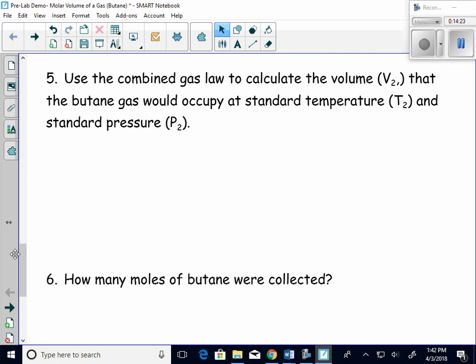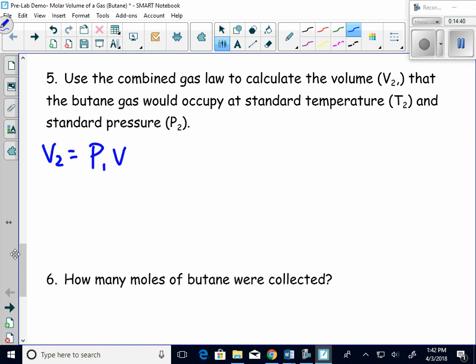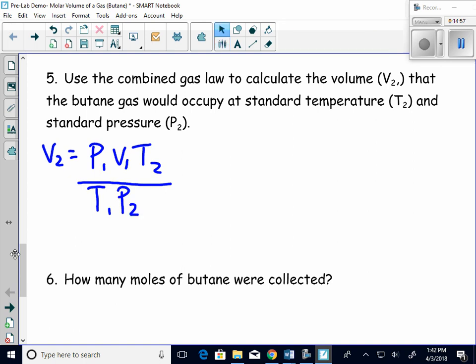You had the whole combined gas law given to you, but when I solve for V2, V2 is equal to P1, V1, T2 all over T1, P2.